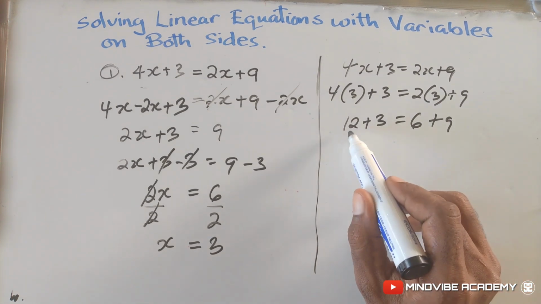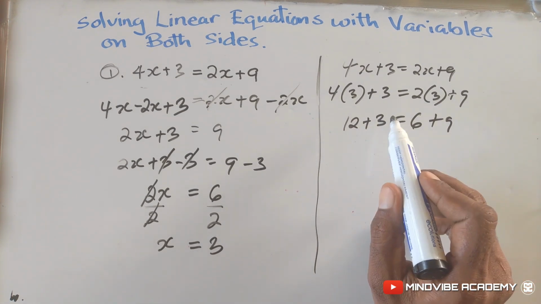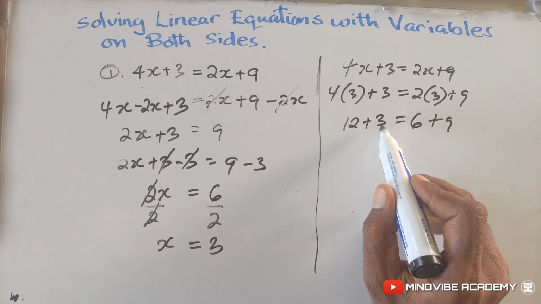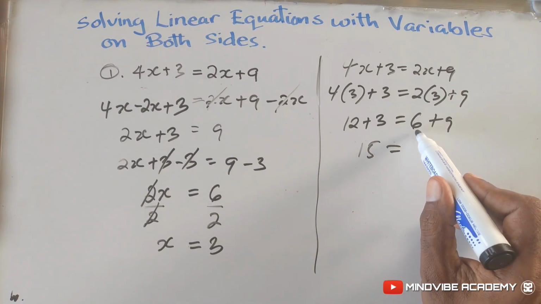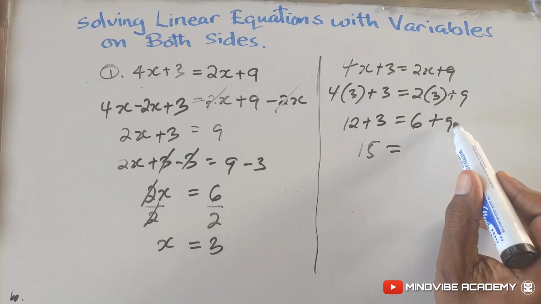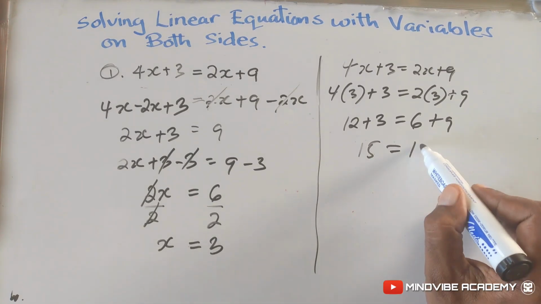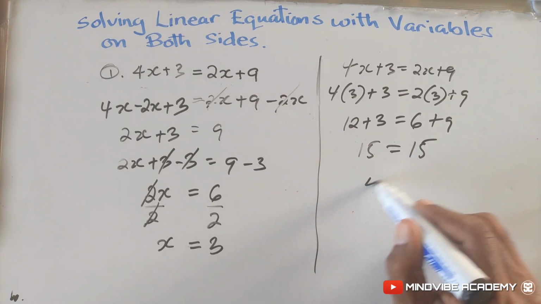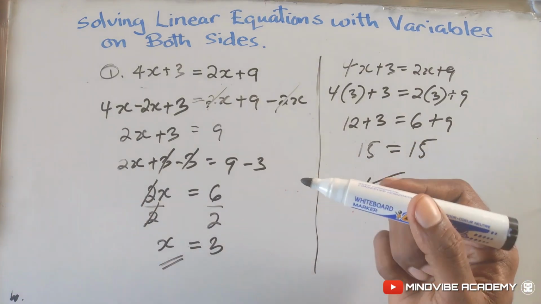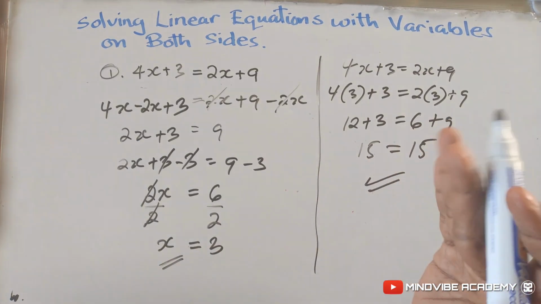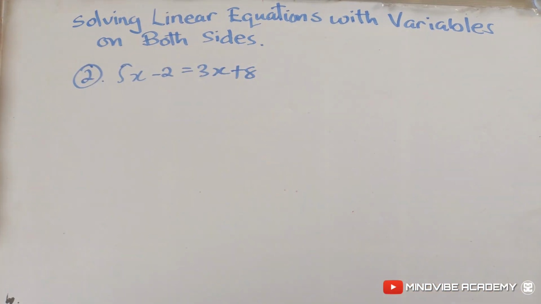Okay, so 12 plus 3 is 15, and 6 plus 9 is 15. Therefore, the value of x equals 3 is correct. So let's look at the second example together.